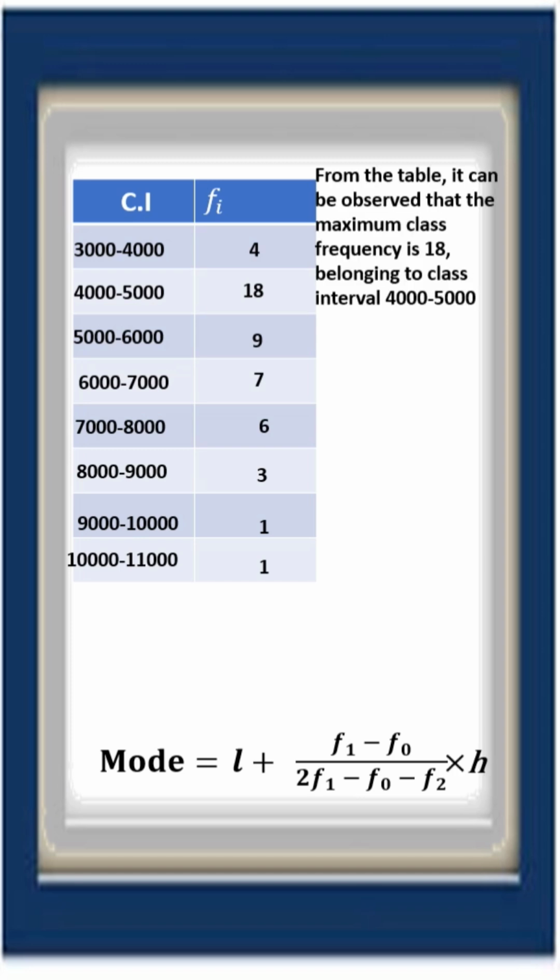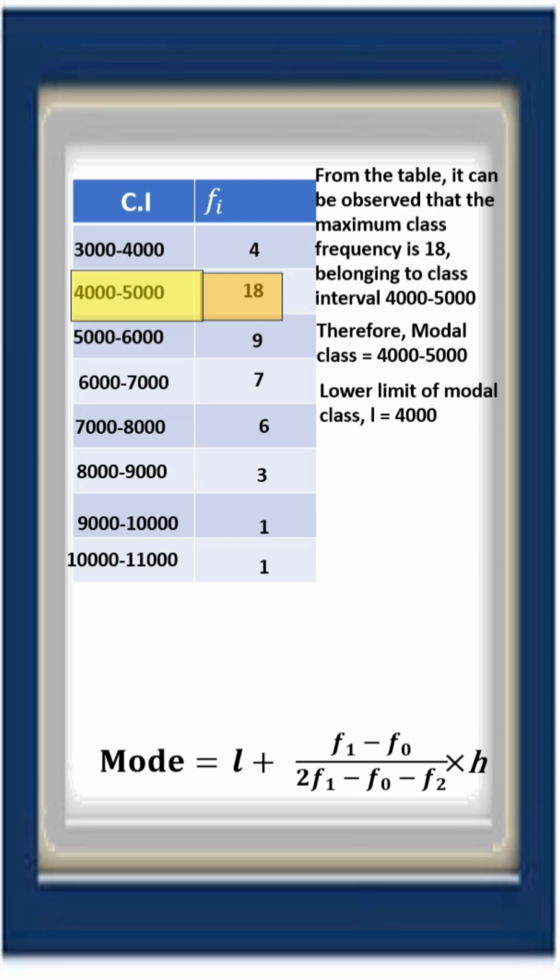From the table it can be observed that the maximum class frequency is 18, belonging to the class interval 4000 to 5000. Therefore, the modal class is 4000 to 5000. The lower limit of the modal class, L, is 4000.